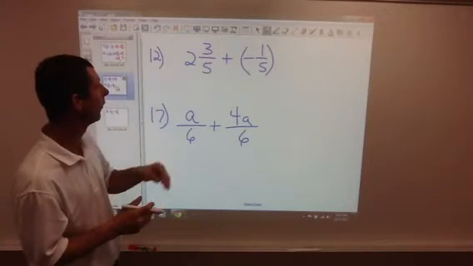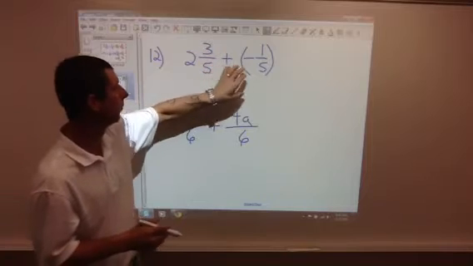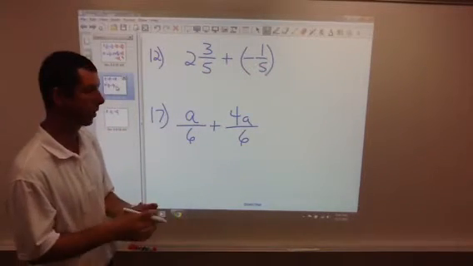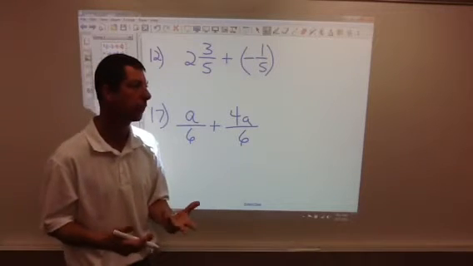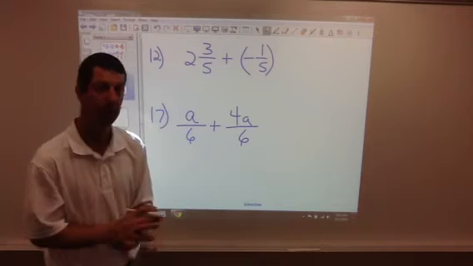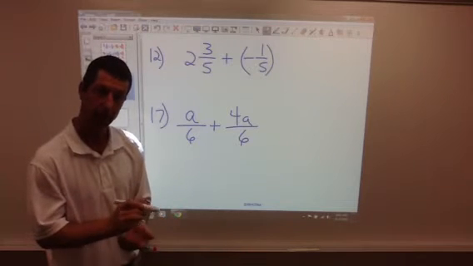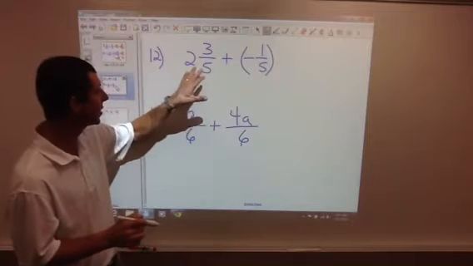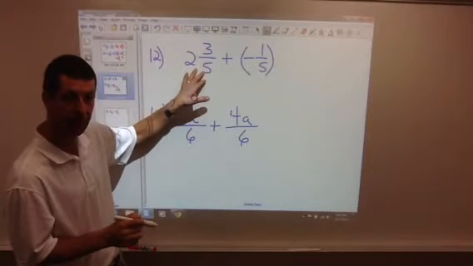Okay, here is a couple different types. This is number 12. It's a positive mixed number plus a negative fraction. So a positive plus a negative. Now the rule is if you have a positive plus a negative, you have to subtract, and you put the sign of the number that's furthest from 0. So in this case, it's going to be a positive answer.